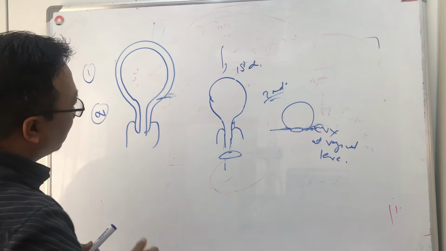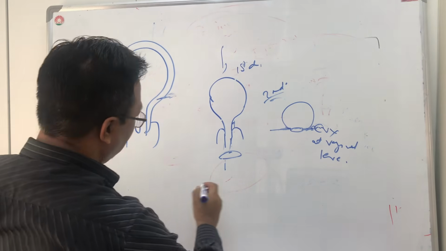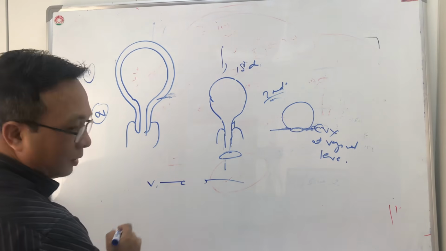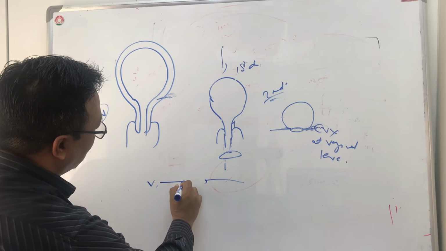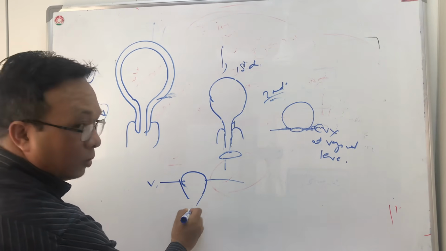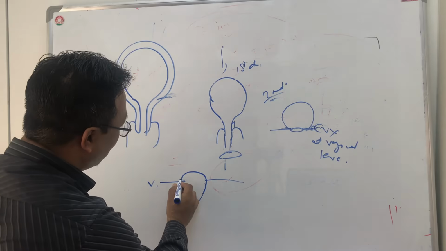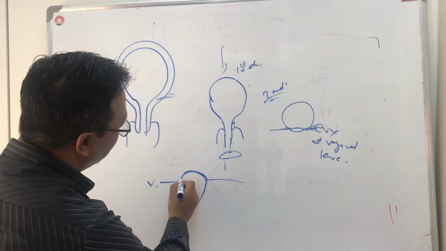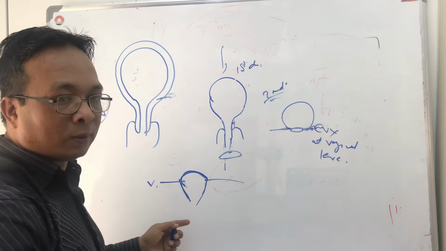Then third degree is when almost the whole of the uterus has gone down, but the fundus is still up. So the fundus is still not out of the vagina.